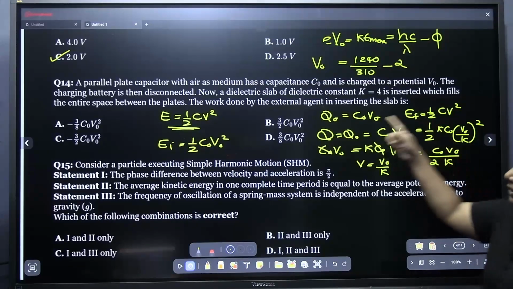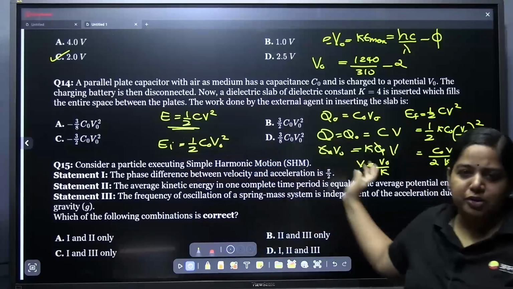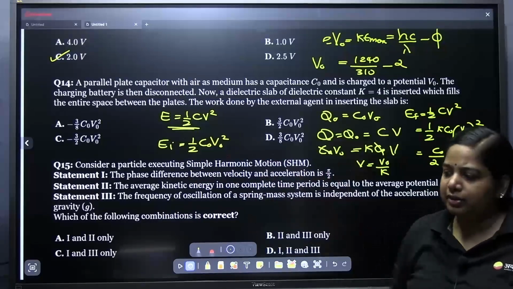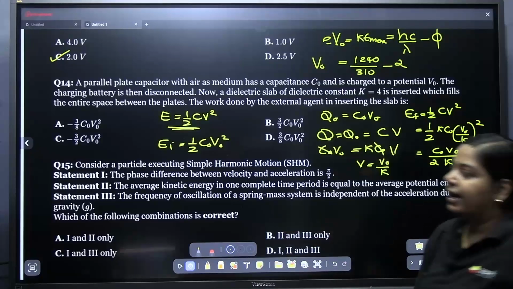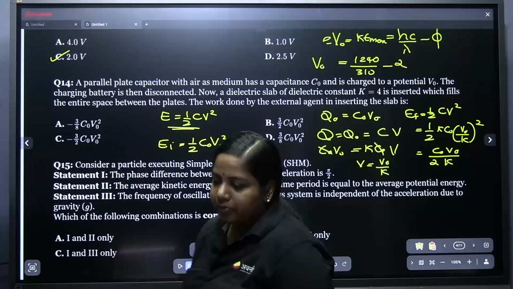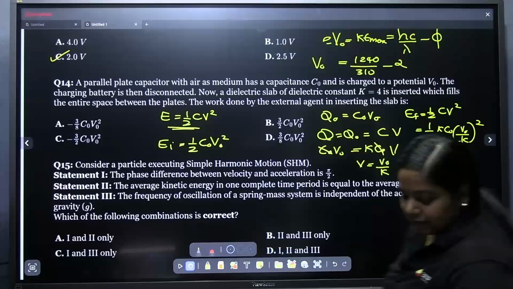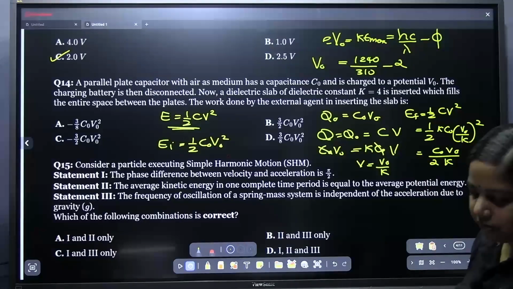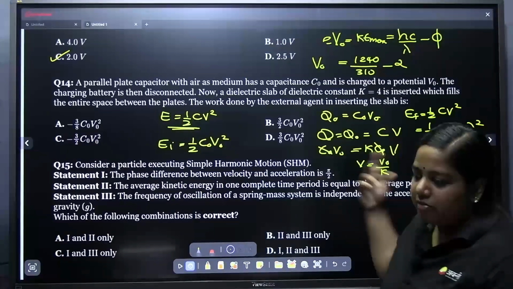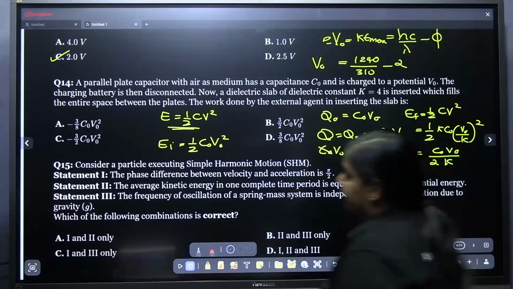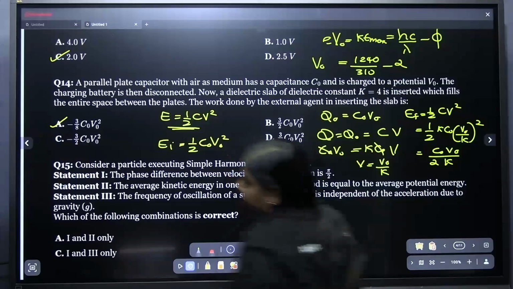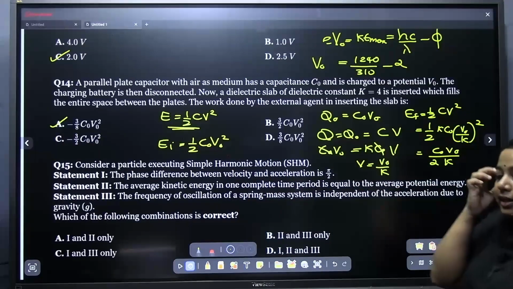You got final energy and initial energy, substitute the value of K, find the difference, and you will get the answer. Since we are doing final minus initial, the answer will be a negative value. Final energy will be less than initial energy. So answer is option A. Is it clear?